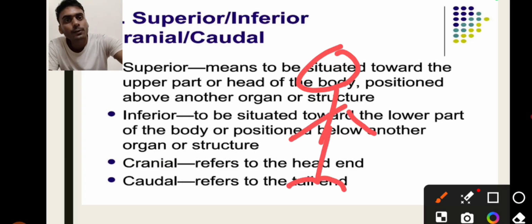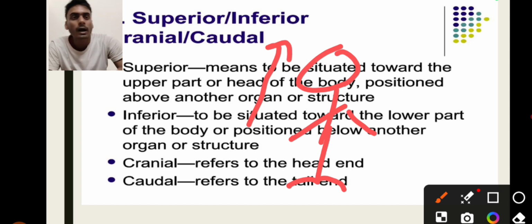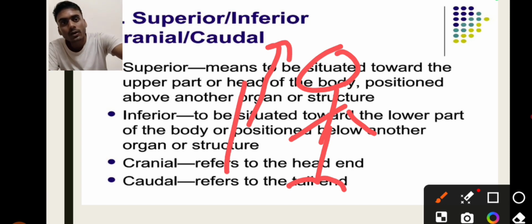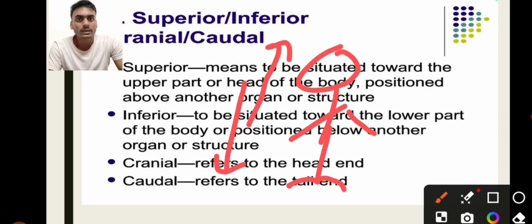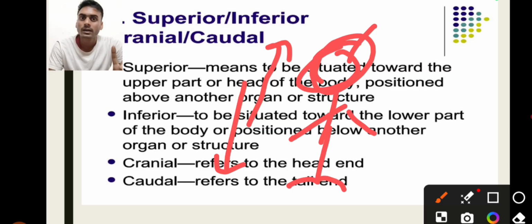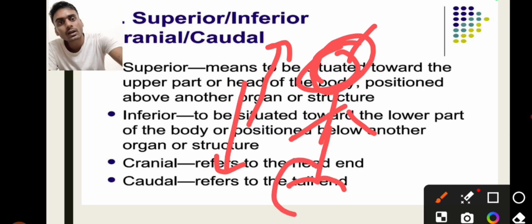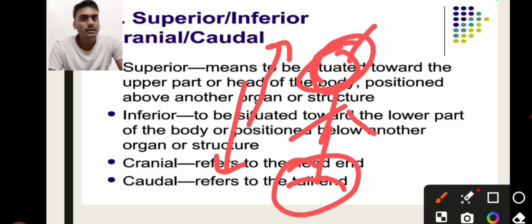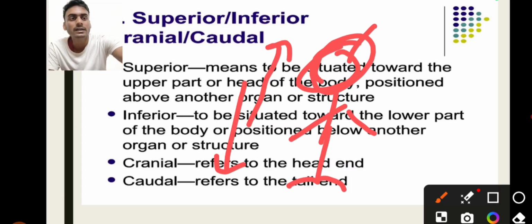If you go to the upper side of your body, it is called superior; if you go down, it is called inferior. If you are talking about the head end, it is called cranial. If you are talking about the lower end, it is called caudal. I hope you can understand easily.